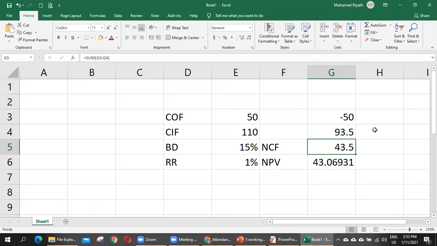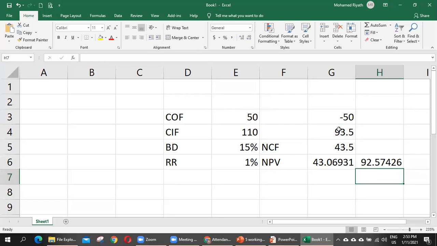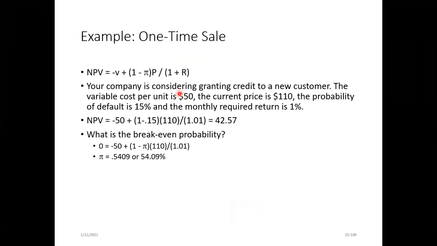Net cash flow 93 points. 43.52. But I think the exact calculation is this one, no? 43.6. No? Right, that's not an issue. NPV is 43.57, correct, right?